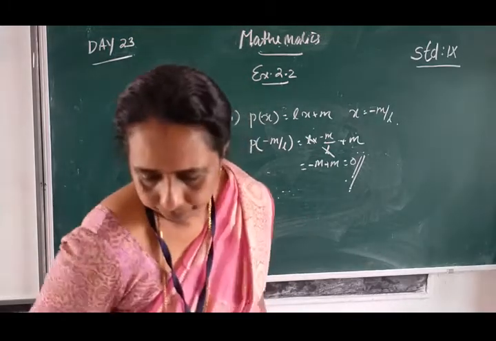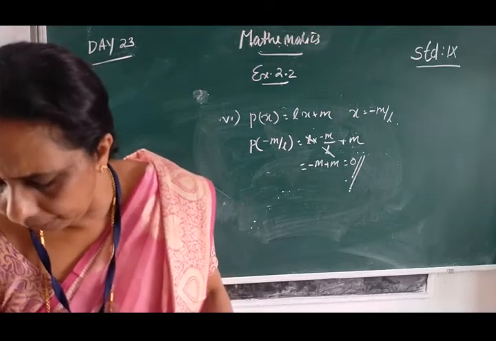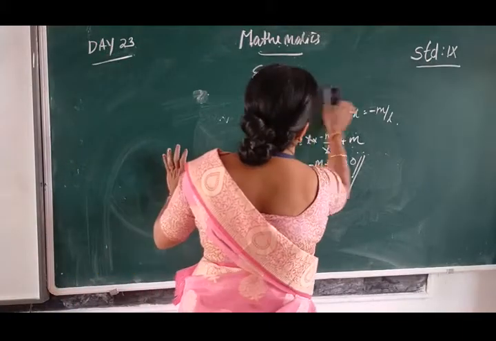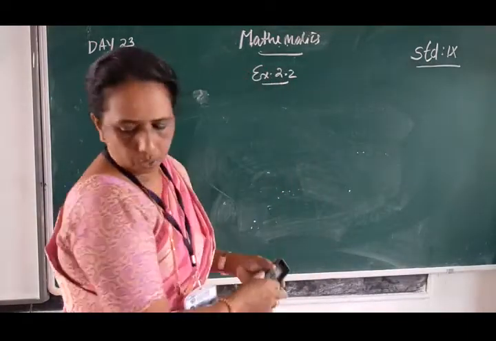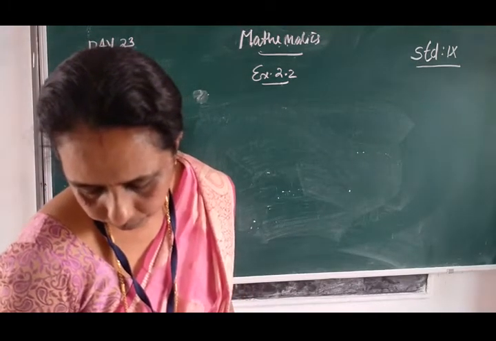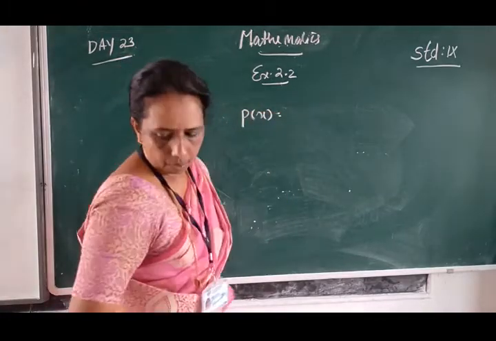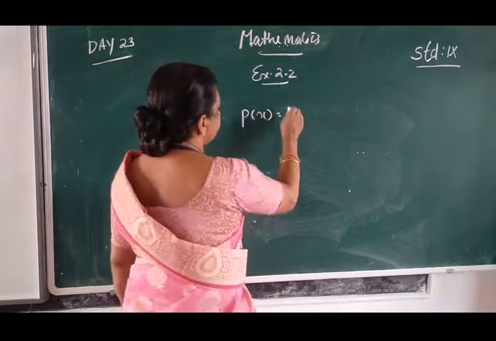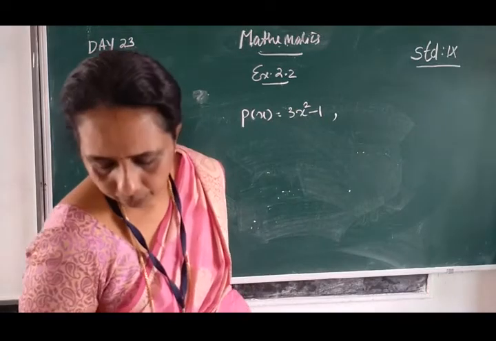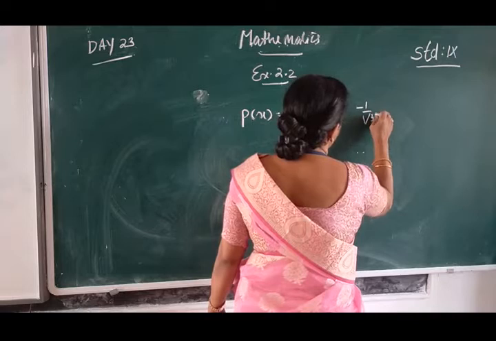Then next problem. Question number 7. p of x is equal to 3x square minus 1. Here given that minus 1 by root 3 and 2 by root 3, that is x is equal to minus 1 by root 3 and 2 by root 3.